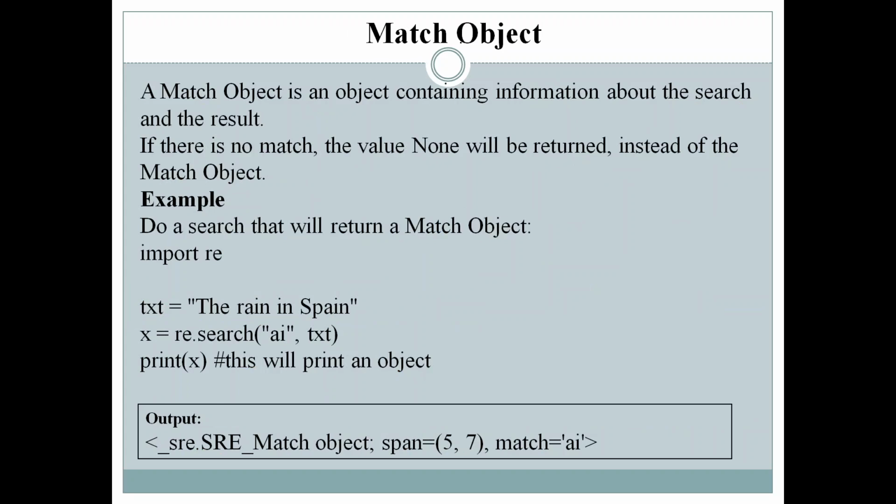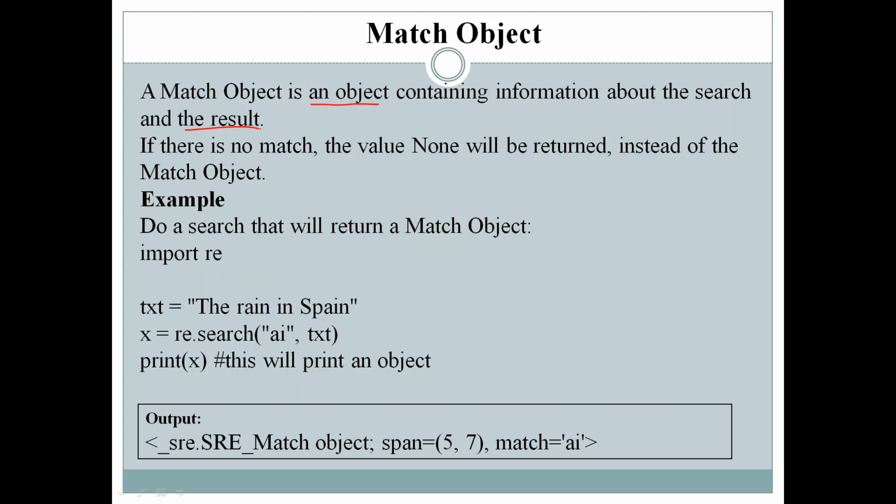Next is the match object. A match object is an object containing information about the search and the result. We have already seen the function re.search, and we know that search returns a match object whenever there is a match.